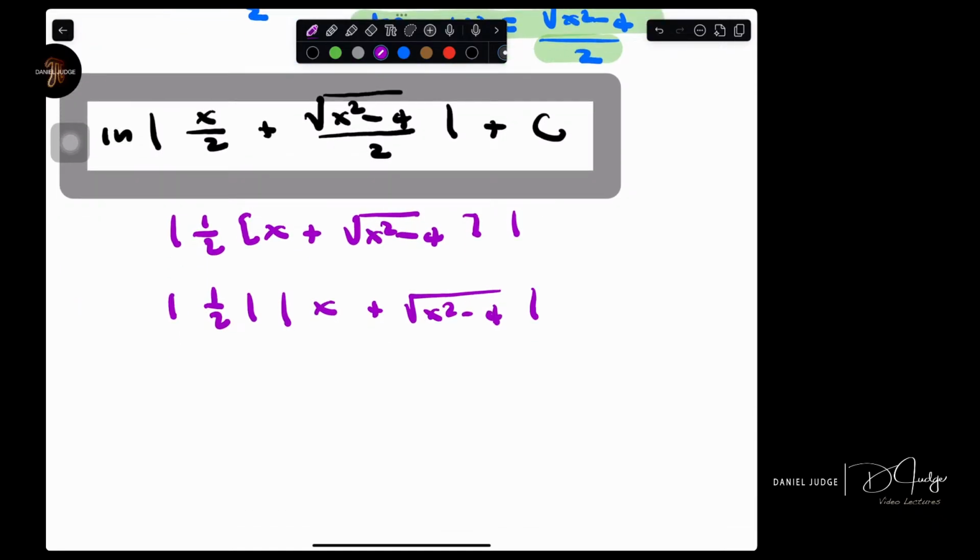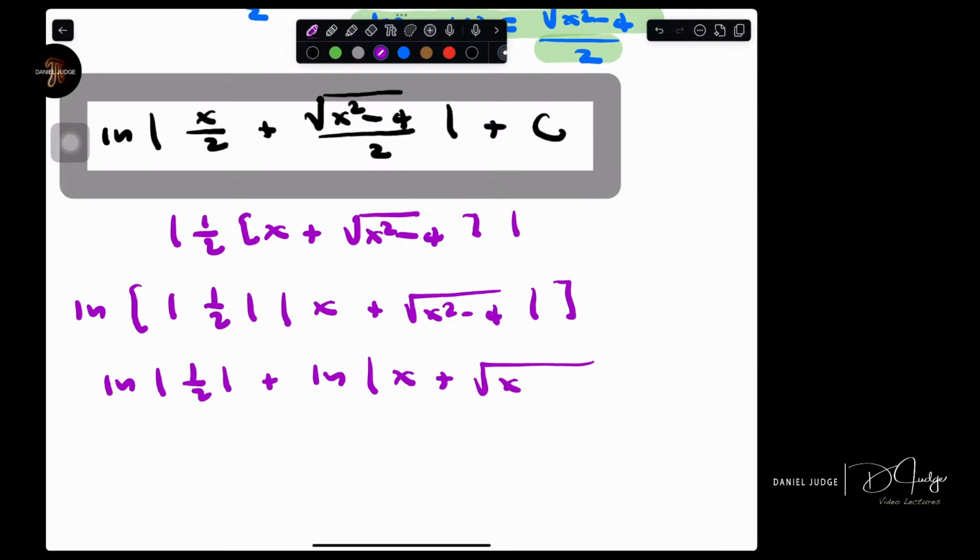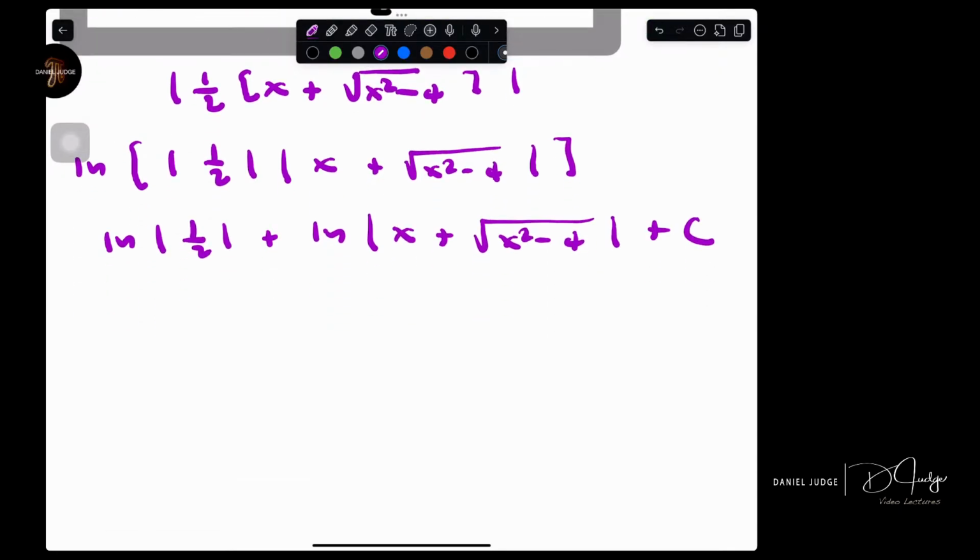But you're taking the natural log of this, so you're going to use the product rule for natural logs. And then there's a plus c here, so don't forget, this is another constant. A constant plus a constant is a constant.